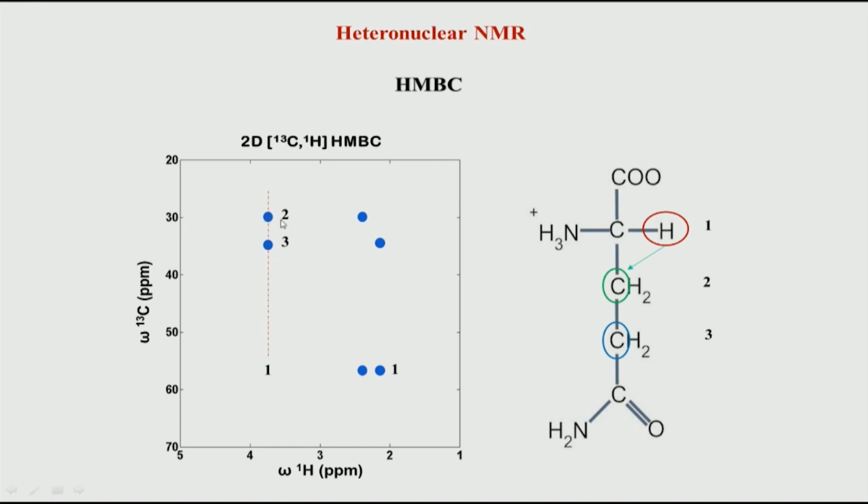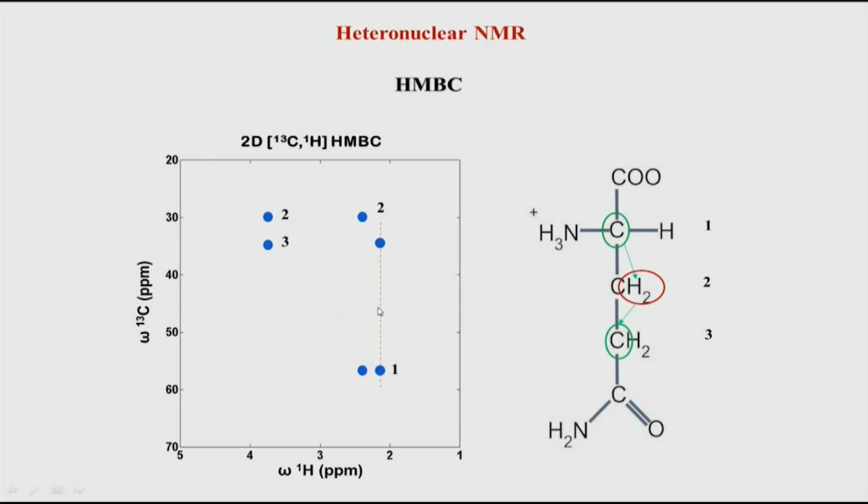That is the 1-2 combination here, and similarly I will get the 1-3 combination, which is not shown by an arrow, but that is what I will get here. So, I will get 1-2 and 1-3 connectivity because I have tuned this experiment to a longer range and suppressed the short range interaction in terms of seeing it in the peaks.